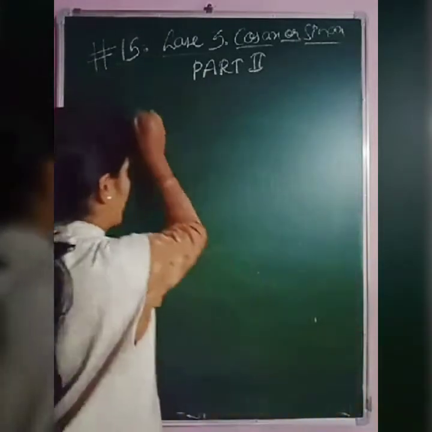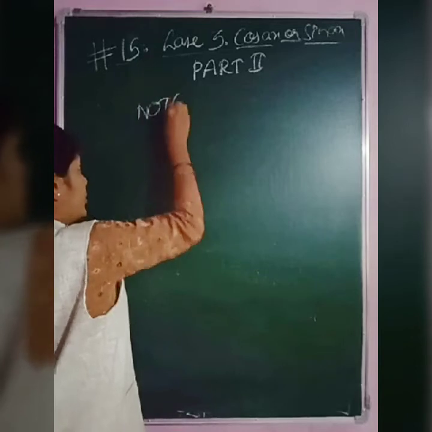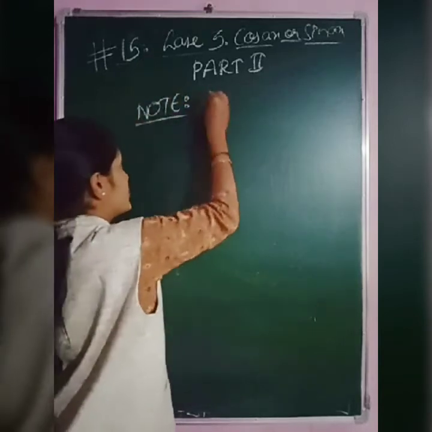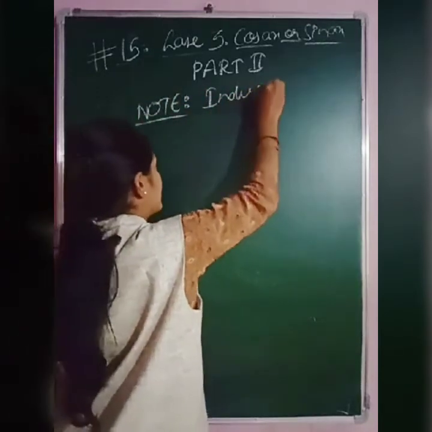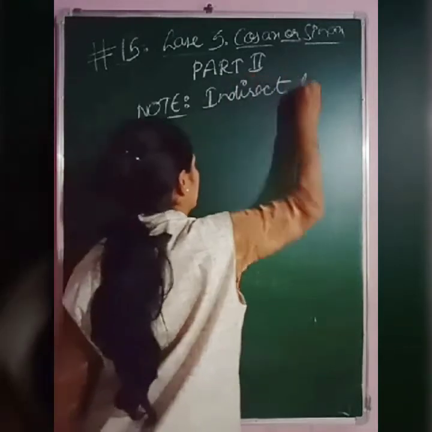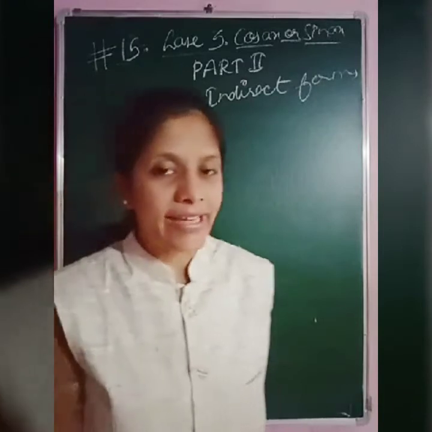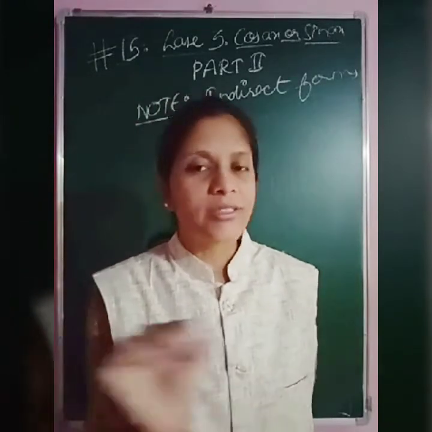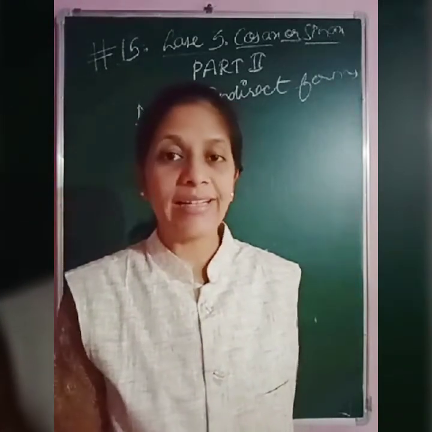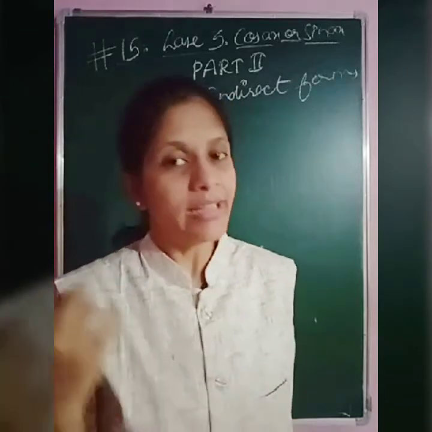So take down note, indirect forms of cos x or sin x. So how can they ask indirect forms? Directly cos x, sin x, they will not ask, but they will twist a little bit. How can they ask?